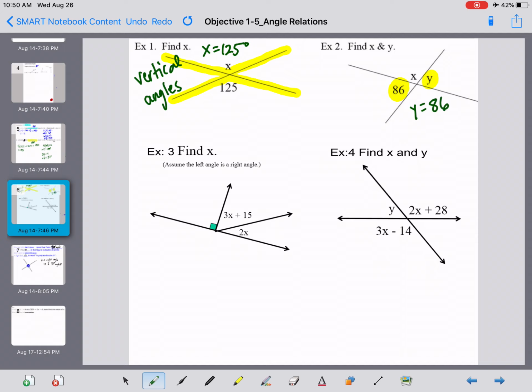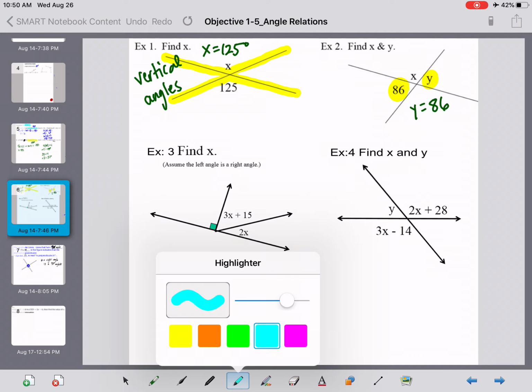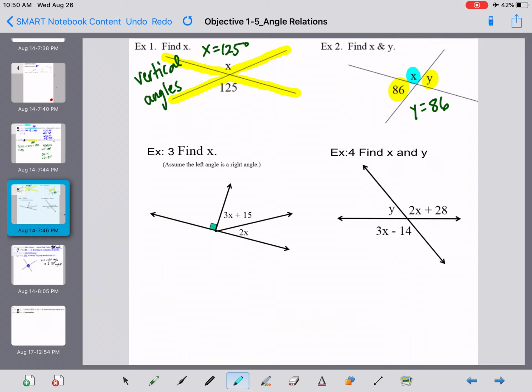The other thing that I notice is that x and 86, they appear to be on a straight line. And so if there's two angles that are adjacent and it's a straight line, what else can we say? Right, those would be supplementary.